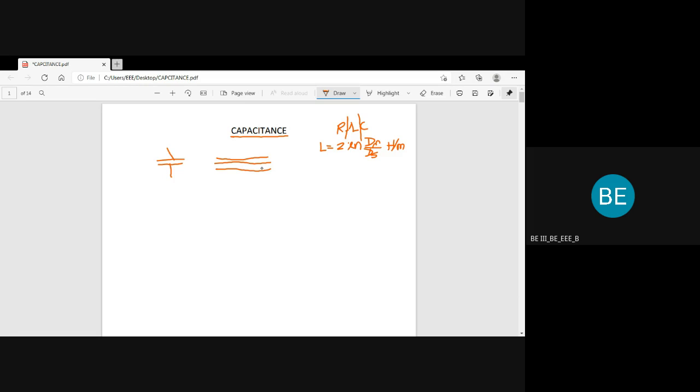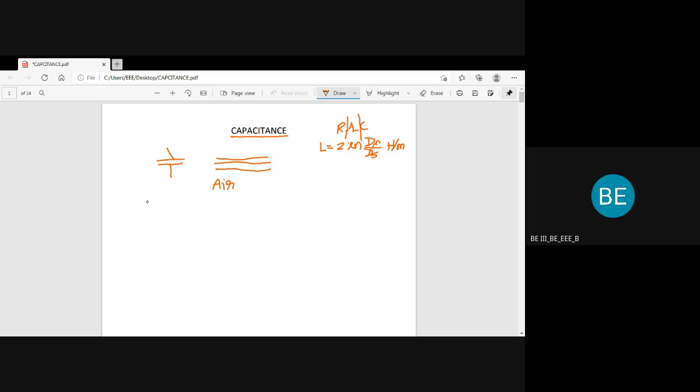Between two conductors there will be air. The air will act as a dielectric medium, and we say the capacitance exists between the conductors. So there is an existence of capacitance between the two conductors.